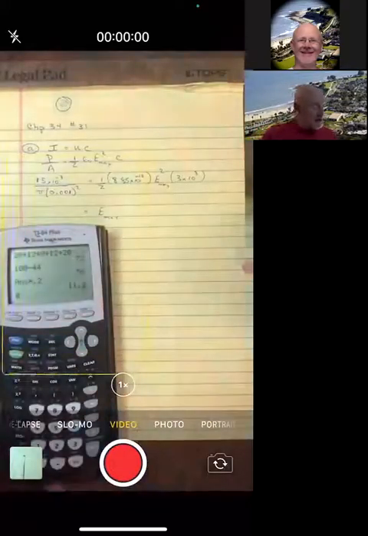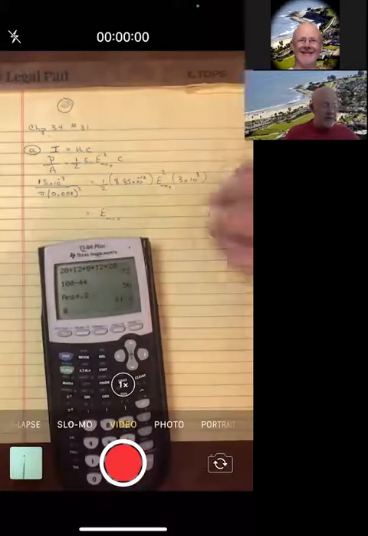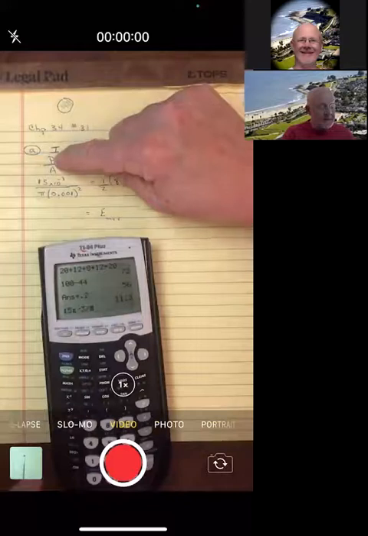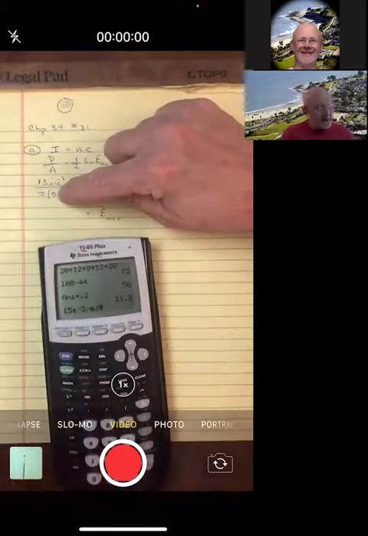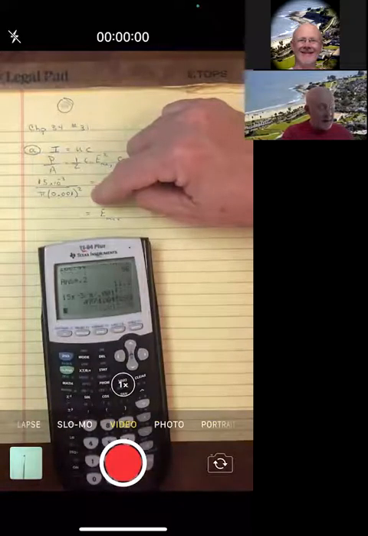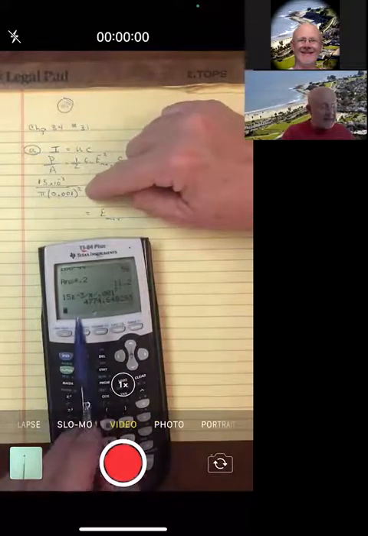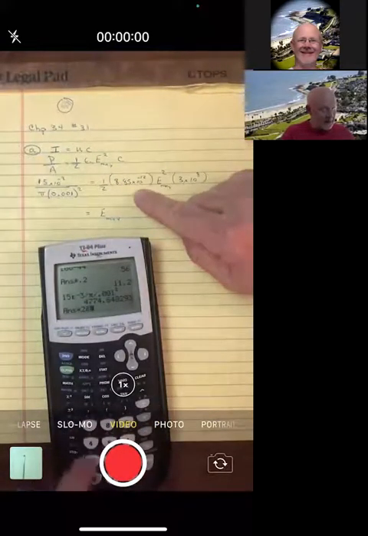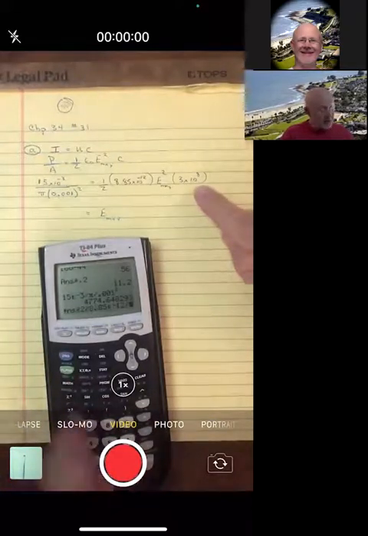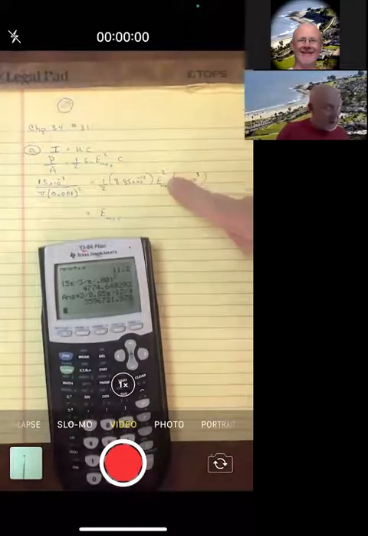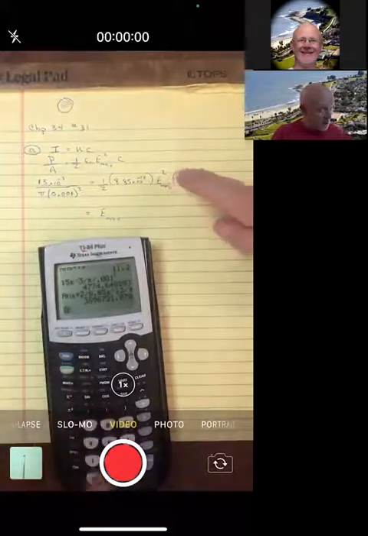All right, so I'll start over here with my calculations on the left, 15 milliwatts. Divide that by pi, divide that by 0.001 squared, and that would be the intensity. Multiply by 2, divide by the permittivity of free space, also divide by the speed of light, and that would then equal the electric field squared.